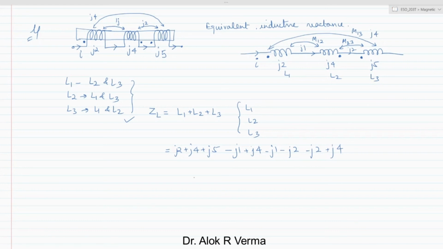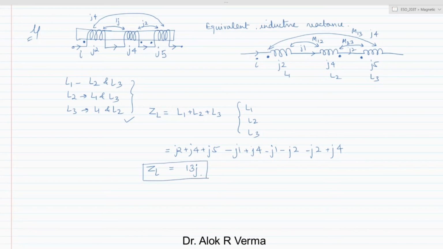Now if you see 4, 2, 6, 5, 11, 10, 14, 13, it will come out to be 13. So J13 is the total inductive reactance of the circuit.